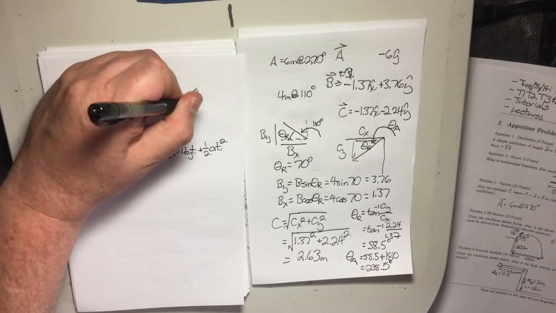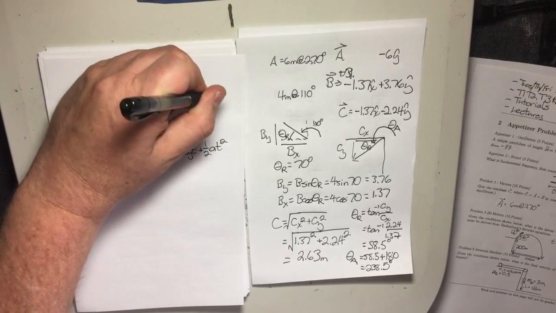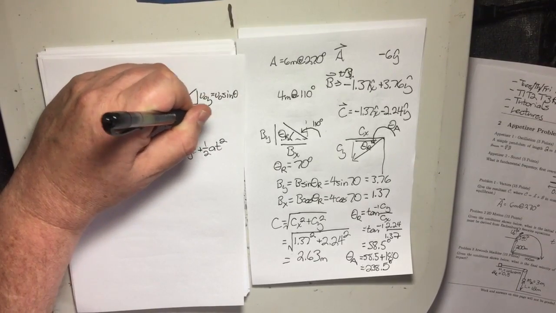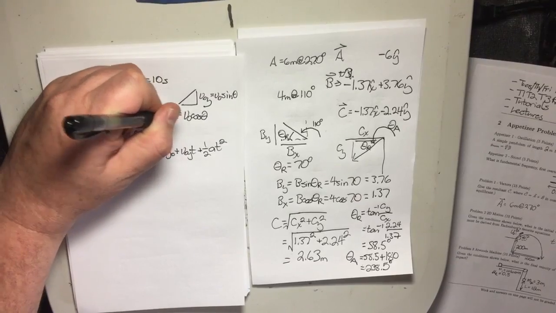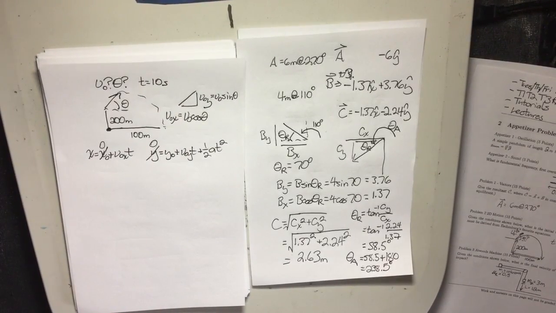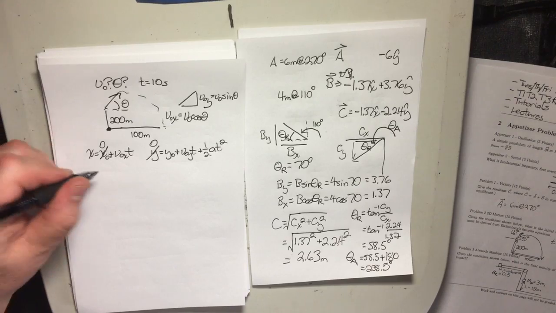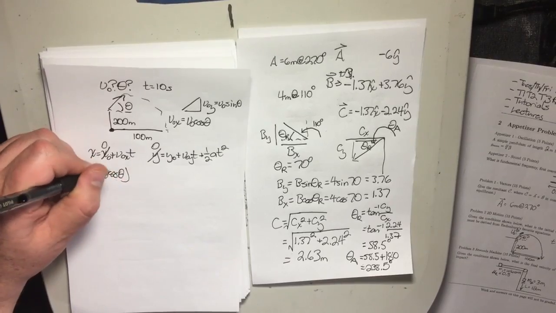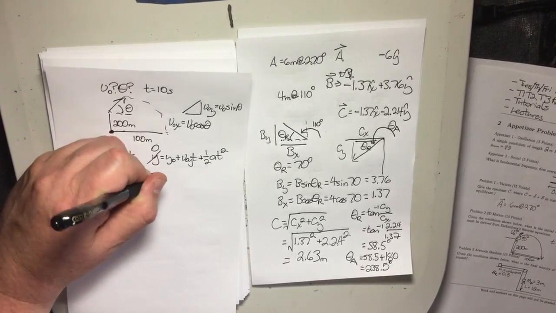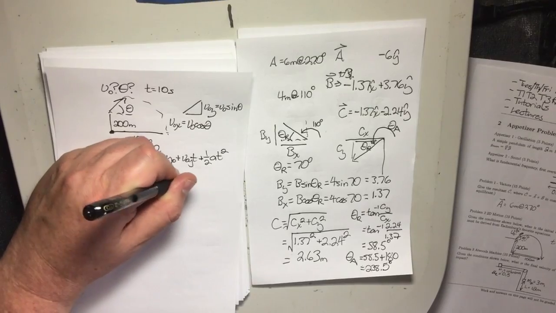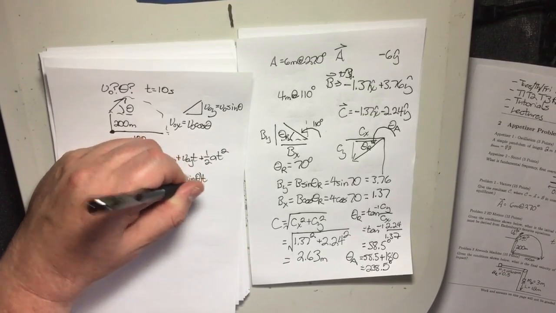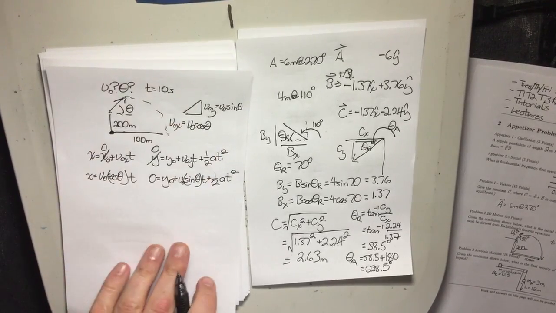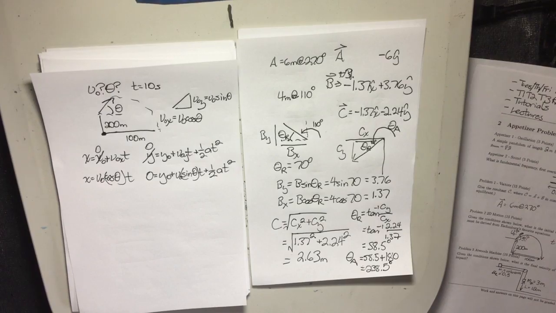Since it's going up at an angle, I get this. So X is V naught cosine theta t. 0 equals Y naught plus V naught sine theta t plus 1/2 AT squared. And I get all of this.